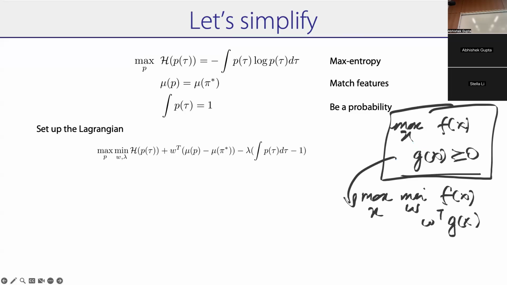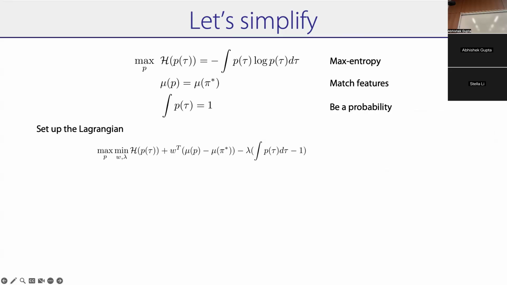So that's constrained optimization, and this is often called the Lagrangian. This f of x minus W transpose g of x is called your Lagrangian. And you're trying to max with respect to x and min with respect to W. Okay? And so we're going to apply the same thing here with our constraints. So our Lagrangian is going to be something that maximizes entropy, but then you're going to have the constraints come in as Lagrangian terms, right?